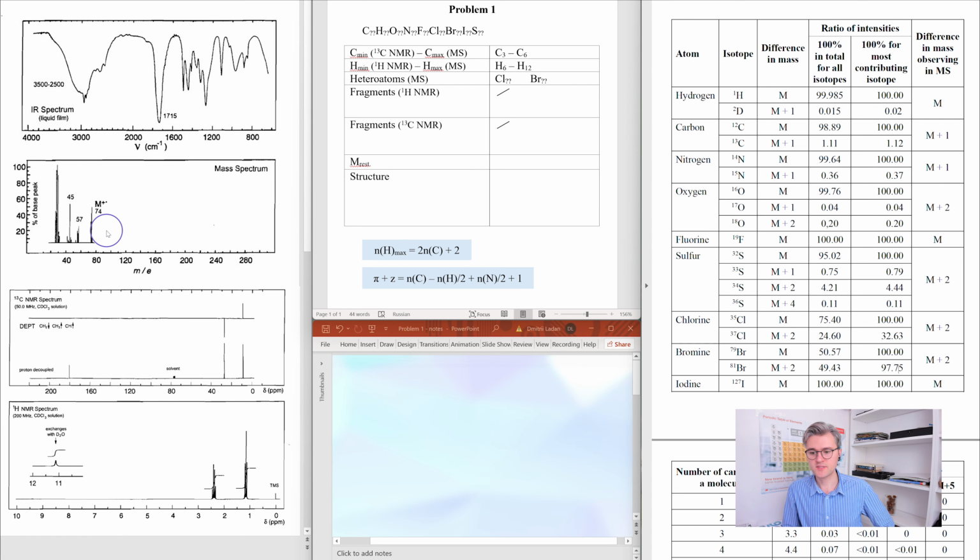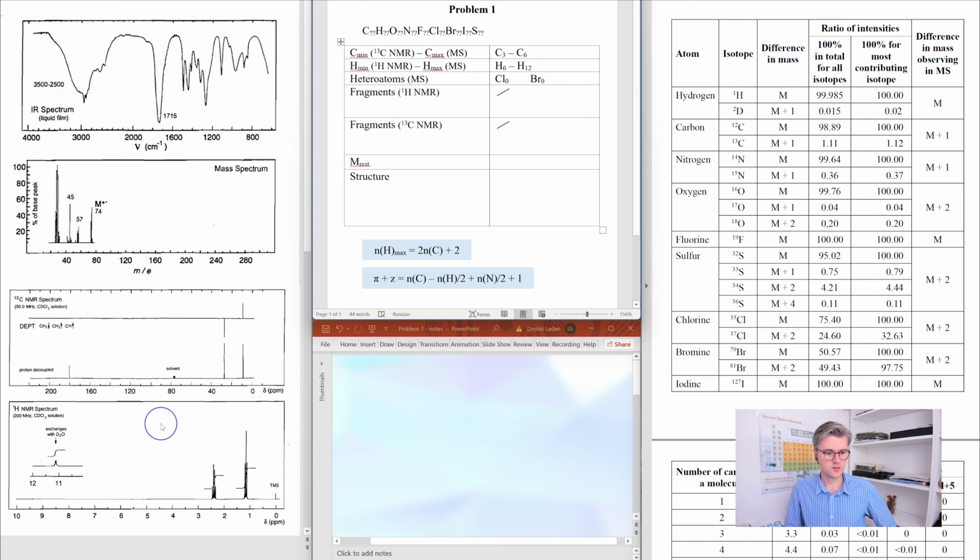And the ratio of intensities of these signals should be exactly the same as in the natural distribution of isotopes of chlorine, which means 3 to 1. We may have a small signal, maybe it's 75, but it's definitely not 76, and the ratio is definitely not 3 to 1, which means we have no chlorine in our molecule, which makes it even easier for us. So no chlorines, no bromines, and we go further.